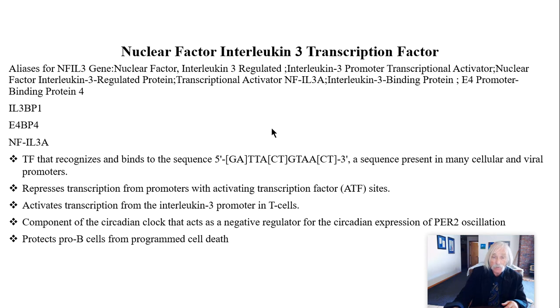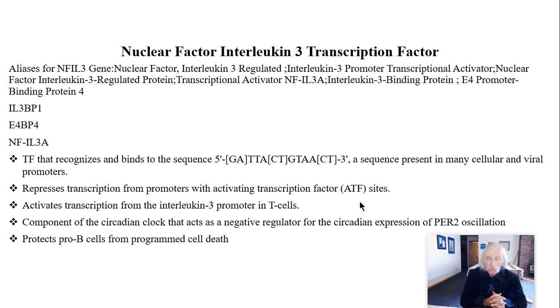So there it is again, nuclear factor interleukin 3 transcription factor. Aliases for it, you can see there, right? There are the various acronyms for the aliases. So it's a transcription factor recognized and binds to that sequence. Okay, that's kind of like a GATA sequence. Represses transcription from promoters by activating transcription factor sites, okay, ATFs, okay, got that?